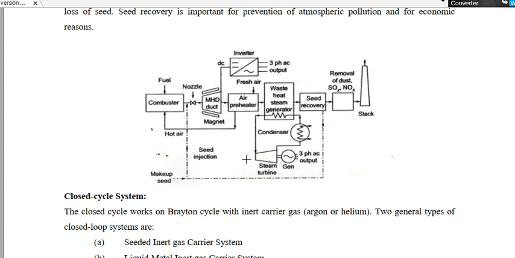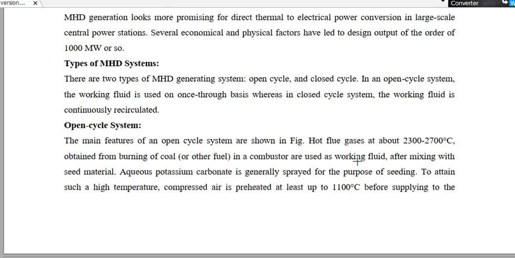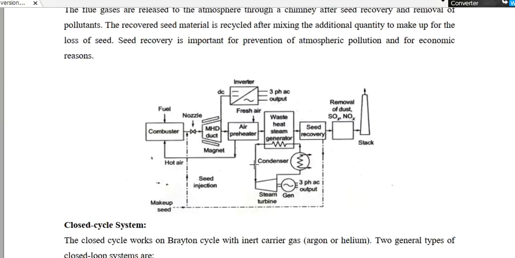Now the exhaust gases from the MHD generator have very high temperature, so they can be used for two purposes. First, they are used to preheat the air which is used in the combustor, so that the flue gases have very high temperatures in the range of 2300 to 2700 degrees Celsius.